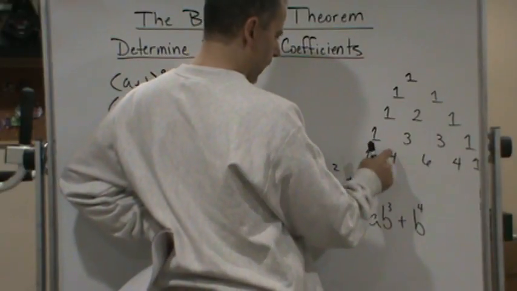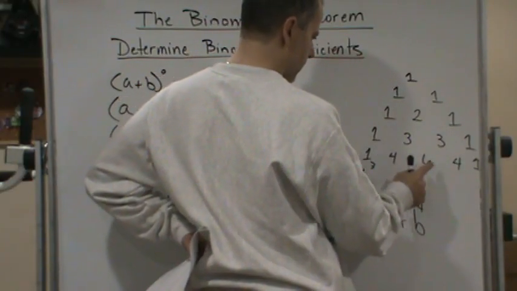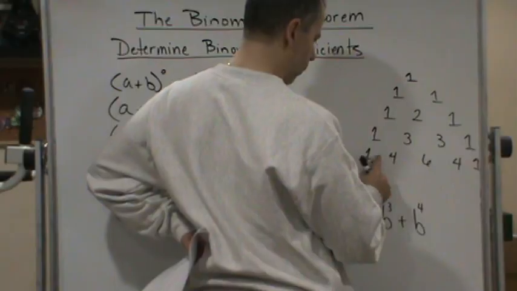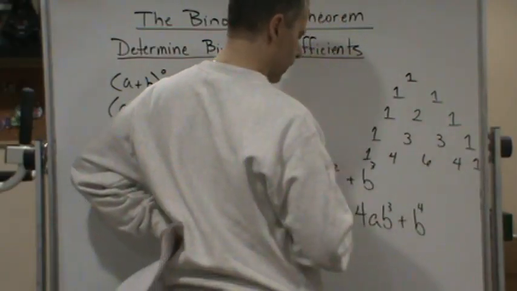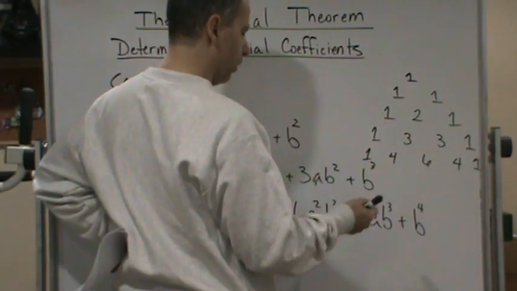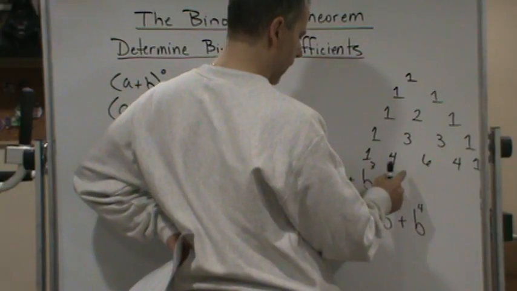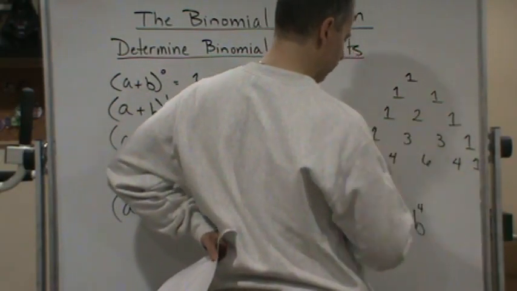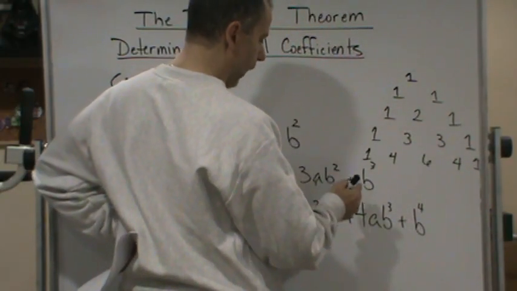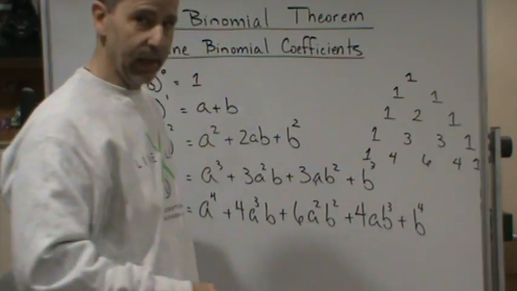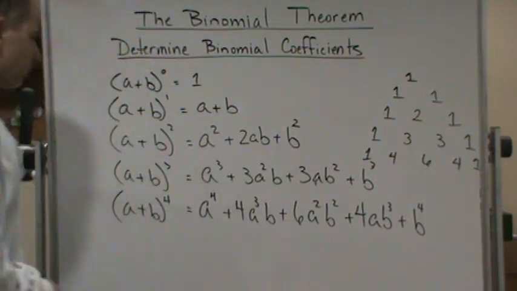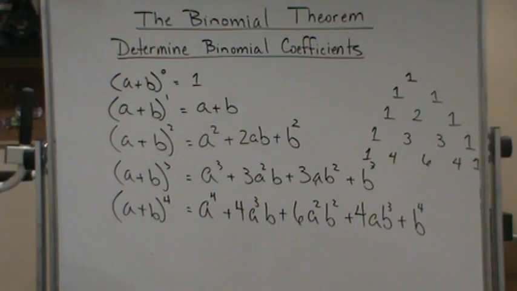And then these two add up to 4, these two add up to 6, and these two add up to 4, and we get 1, 4, 6, 4, 1. You can guess what the next row would be: 1, 5, 10, 10, 5, 1. And the next one would be what? Well, you get the idea. And so this is called Pascal's triangle.